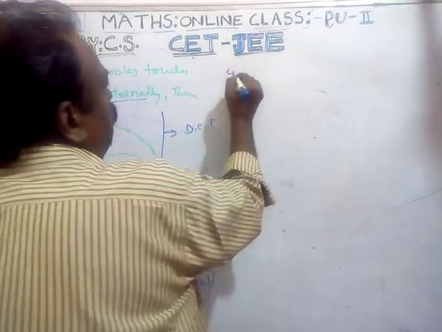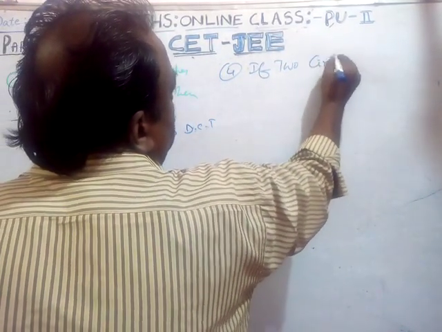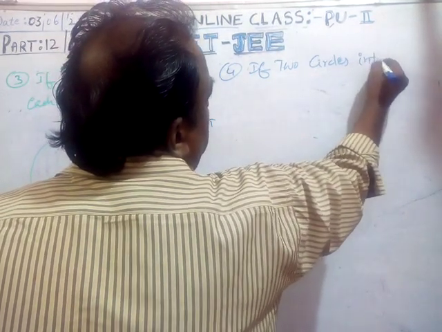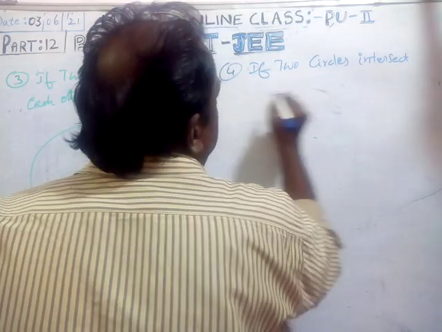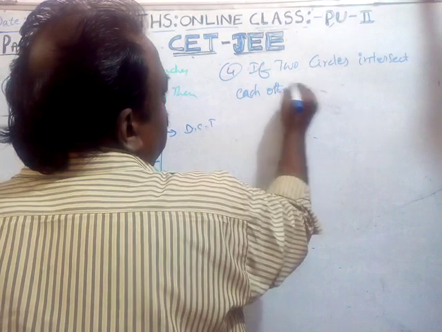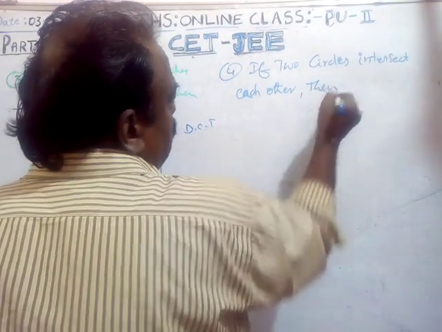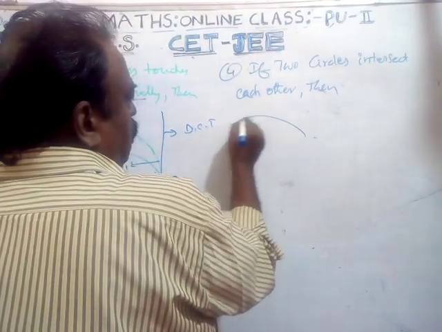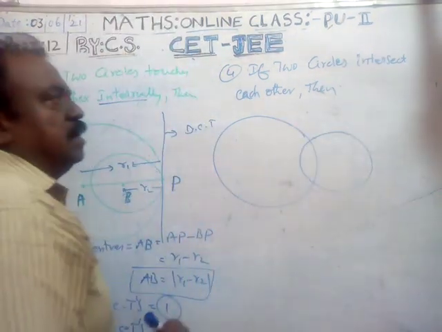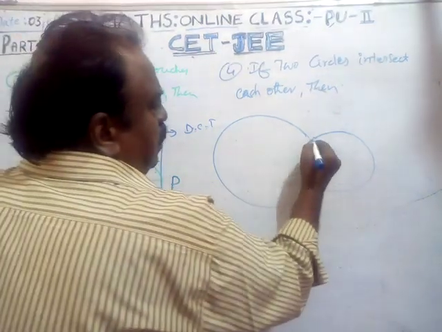Next is the fourth one. If two circles intersect each other, then see, it is a circle. The two circles intersect each other at 2 points.